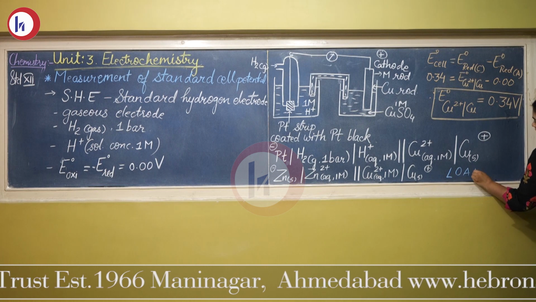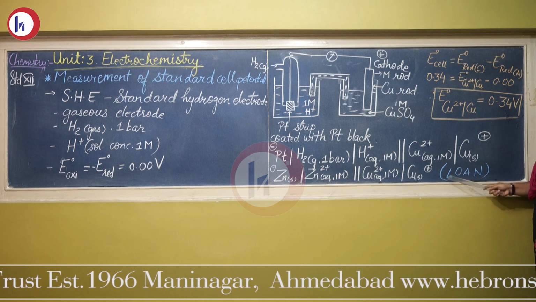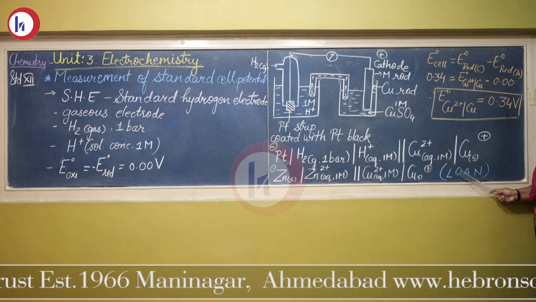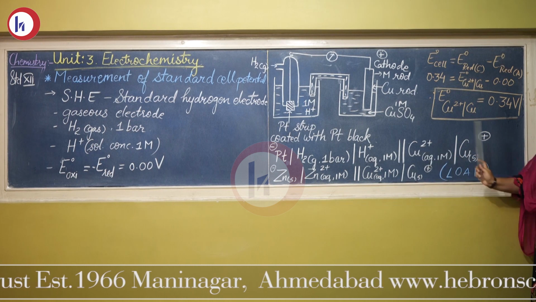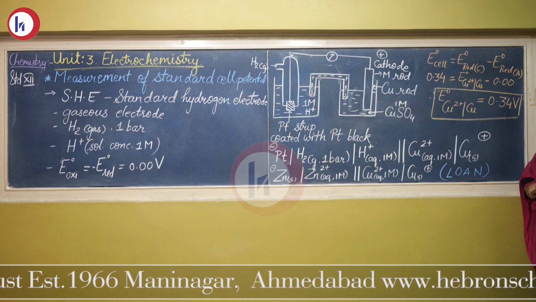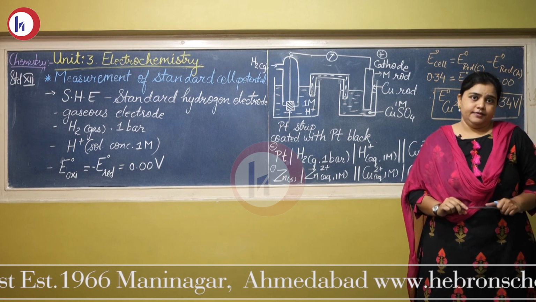This is a shortcut that you can remember. What is the LORE part? Left side in an electrochemical cell, oxidation occurs, so you can remember metal to metal ion. It is the anode part, and anode is always negative. So that is how you represent a given cell.